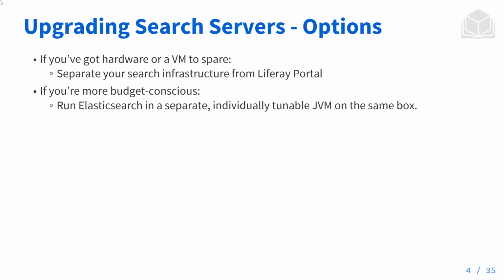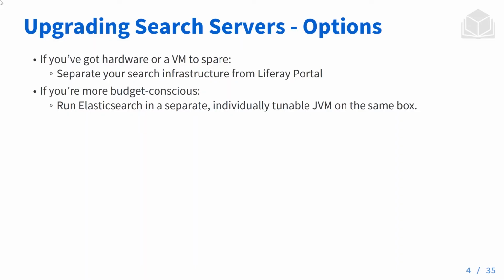If you have some hardware to spare, a spare machine or box in the closet, you can use that. One of the advantages there is you're going to have a huge performance boost because all of your dedicated resources for Elasticsearch are dedicated to just that. So you're going to get a big boost in performance. It's sort of the preferred option. You take your Elasticsearch server, put it on a remote server somewhere else, and then point Liferay to it.